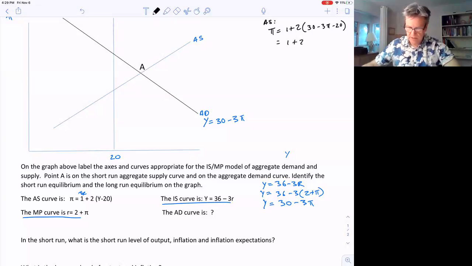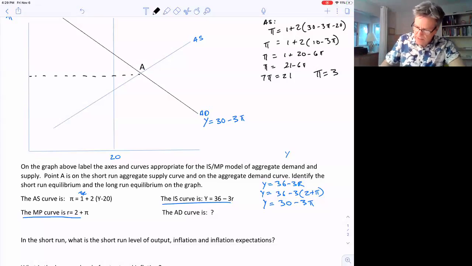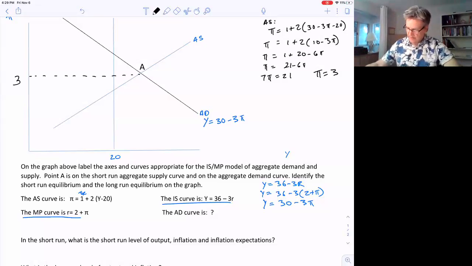That is 1 plus 2 times (10 minus 3 pi). And I get pi equals 1 plus 20 minus 6 pi. Pi equals 21 minus 6 pi. 7 pi equals 21. Therefore, pi equals 3. So the inflation rate at point A is 3%.